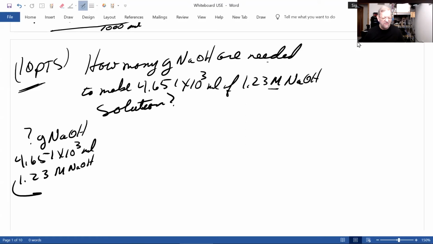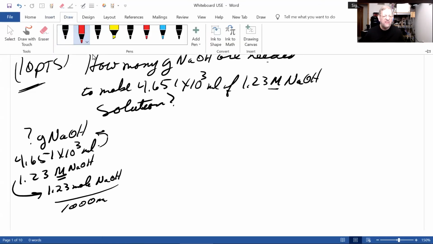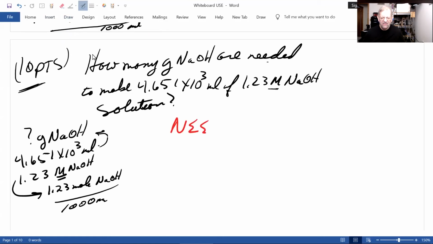And what this really means is when you see capital M, that's molarity, 1.23 moles sodium hydroxide per 1,000 milliliters. Now, there's no way I can go from milliliters to grams directly. And therefore, you need two steps.